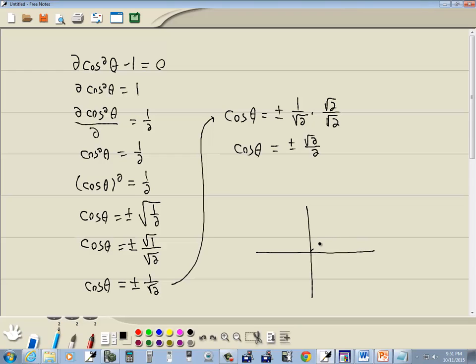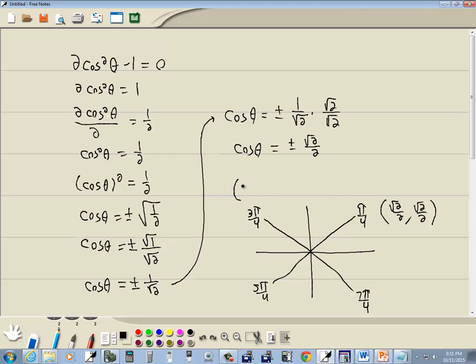Okay. Now cosine is our x, so keep that in mind. We have pi over 4, 3 pi over 4, 5 pi over 4, and 7 pi over 4. This point here is square root of 2 over 2, square root of 2 over 2.